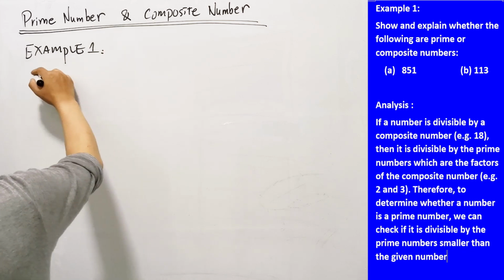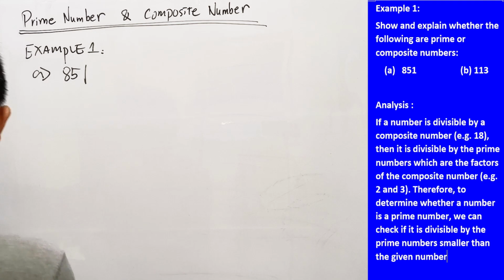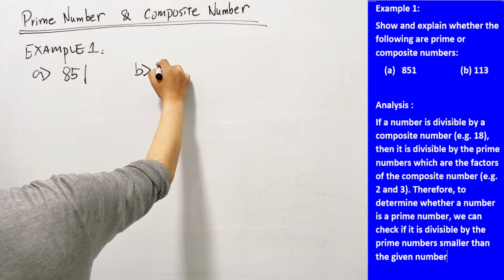The first one, A, is 51. B is another one, 113.